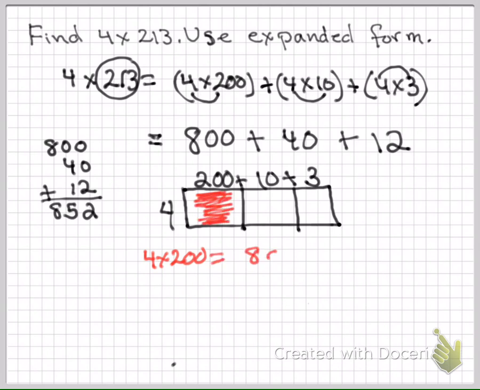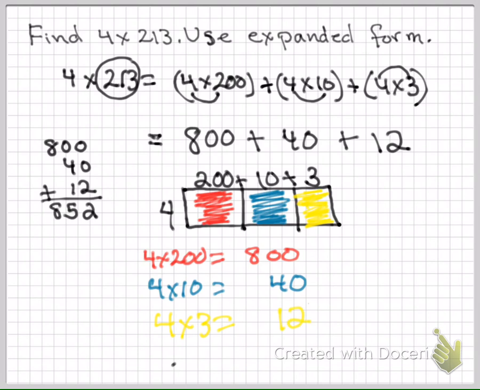And that's where I get my 800. Then we're going to do 4 times 10, which is this square right here, which gives me 40. And then we do our last one, which is 4 times 3. 4 times 3 is this square right here, which gives us 12.